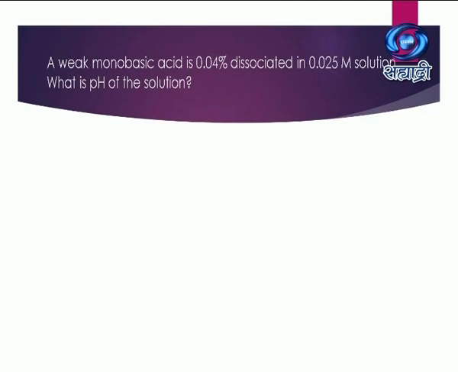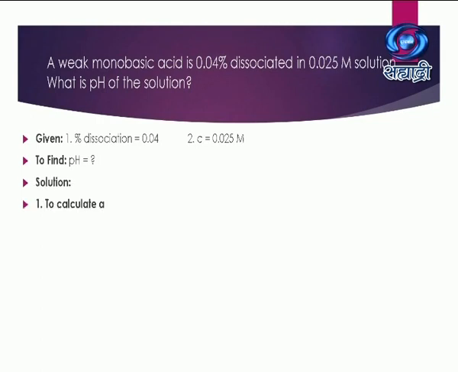Let's consider one more problem. Weak monobasic acid is 0.04% dissociated. In 0.025 molar solution, what is the pH? So percentage dissociation and concentration are given. Let's first calculate alpha. Alpha comes out to be 4 into 10 raised to minus 4.